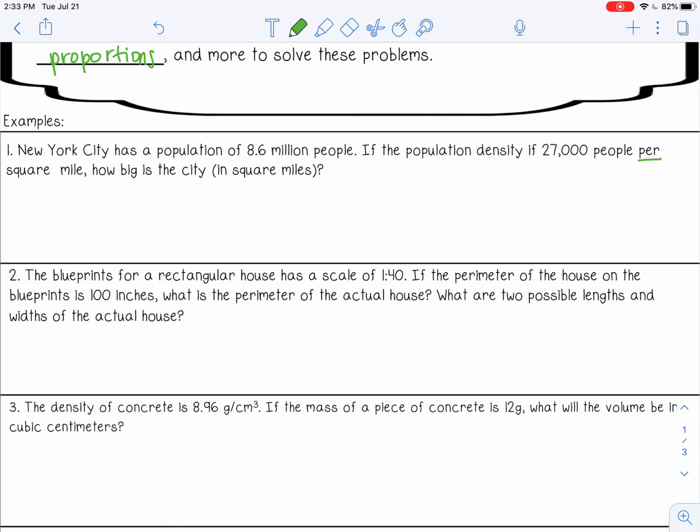All right, so I know that there are 27,000 people per 1 square mile, and you may want to put the unit that you're talking about. So I'm going to put people and square mile, because when I set up the other ratio, I want to match people over square miles.